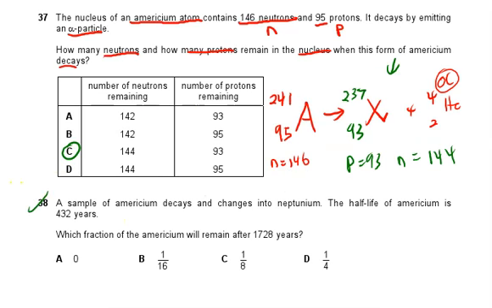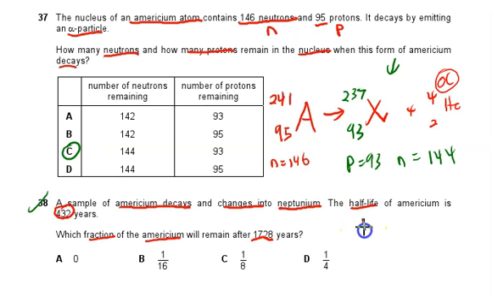Okay, question number 38. A sample of americium decays and changes into neptunium. Half-life of americium is 432 years. Which fraction of the americium will remain after 1728 years?